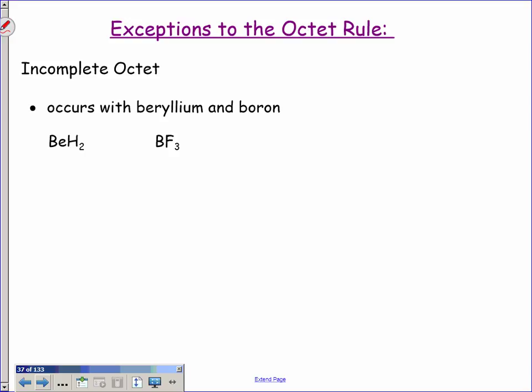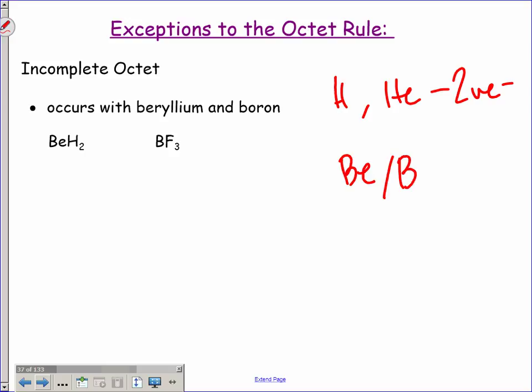Mainly the things that are small, like hydrogen, helium, will accommodate 2 valence electrons. You've got beryllium and boron. You'll notice that they're on the small side as well in that second group, so they're totally fine with 4 valence electrons in a covalent situation.